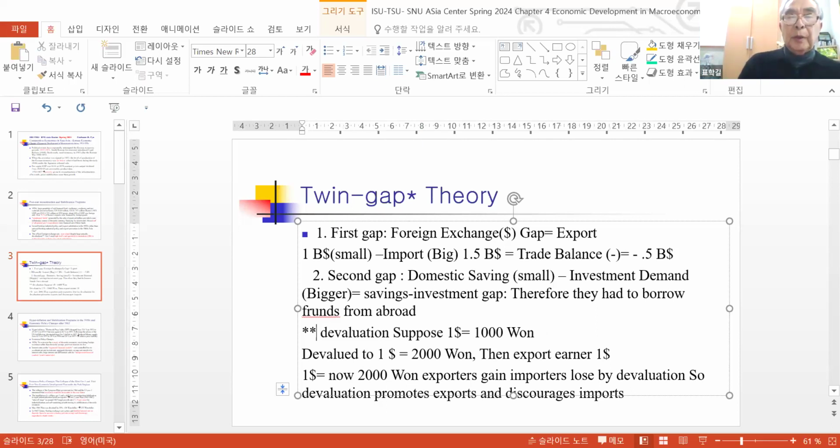In other words, if the government devalues its currency, it helps exporters. On the other hand, it hurts importers.